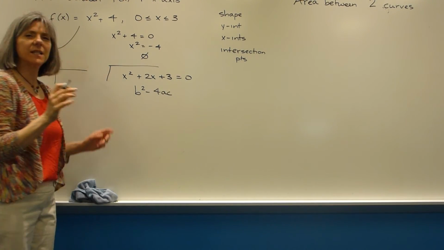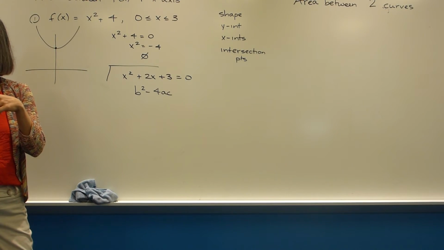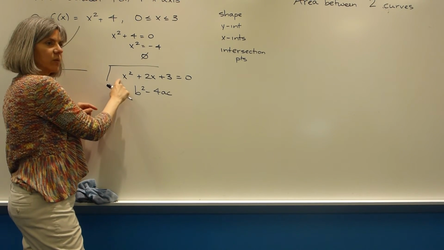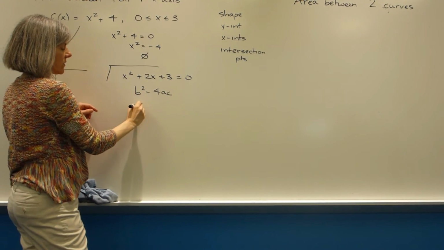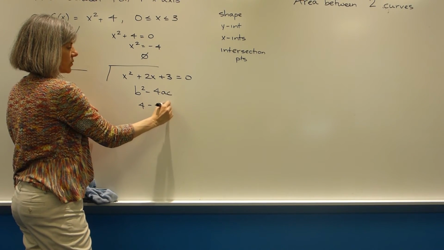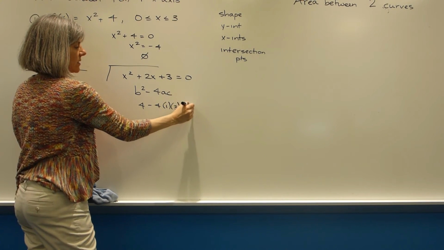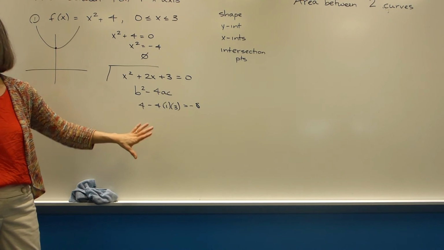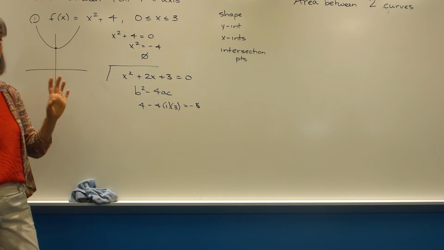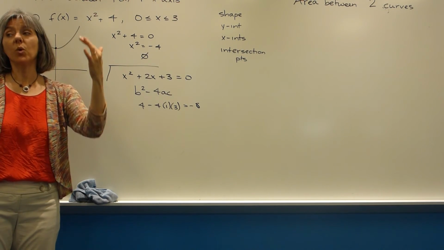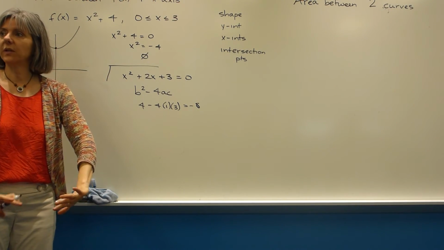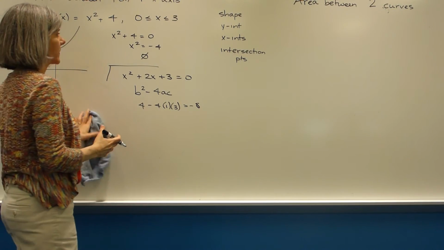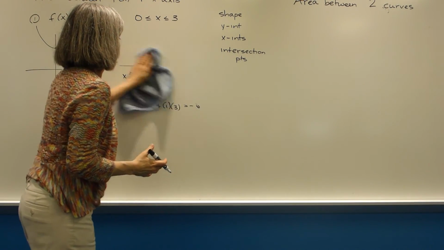Remember, that's the inside of the square root in the quadratic formula. A is the number on the x squared, so A, B, C. So this would be 4 minus 4 times 1 times 3, which is -8. Can't take the square root of a negative number, so this does not factor. That means it's either entirely above the axis or entirely below the axis, one or the other. Okay?